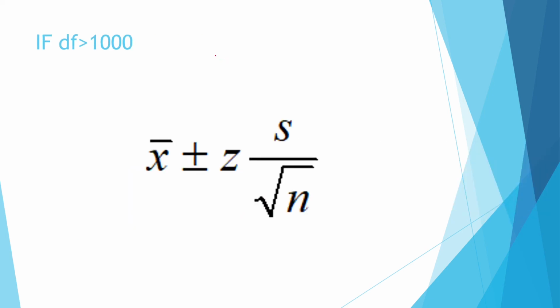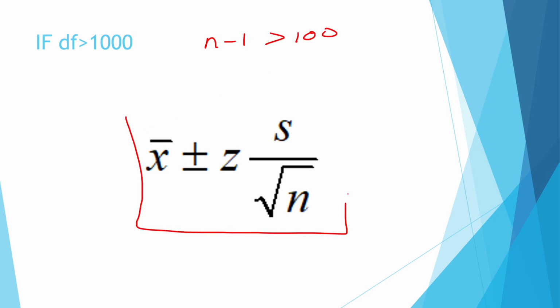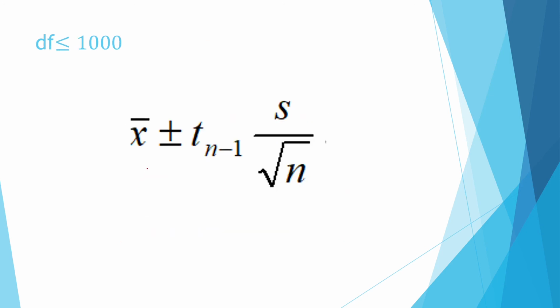If the degrees of freedom, which is n minus 1, is greater than 1,000, we're going to use the formula that contains z because our approximation is so close to z. If the degrees of freedom is less than or equal to 1,000, we'll use the t distribution.